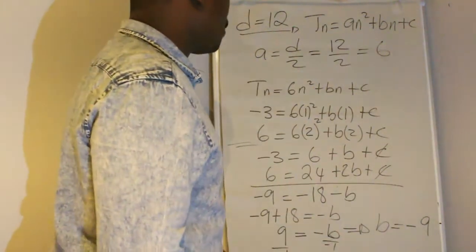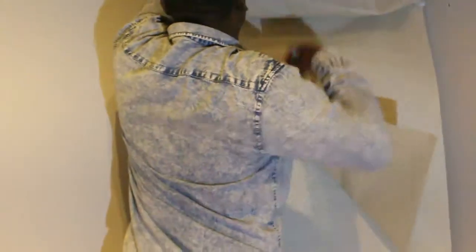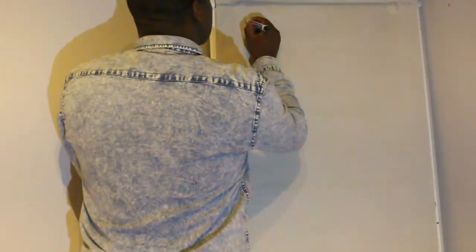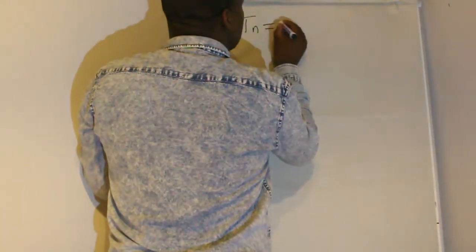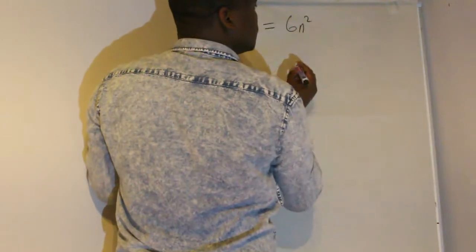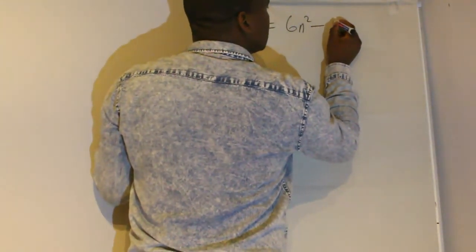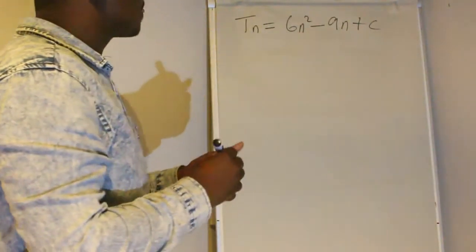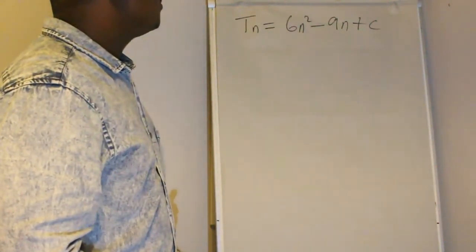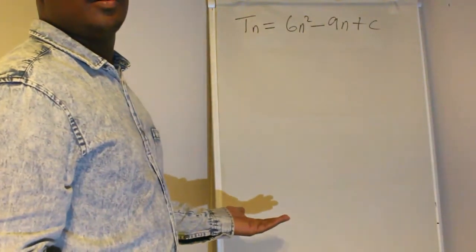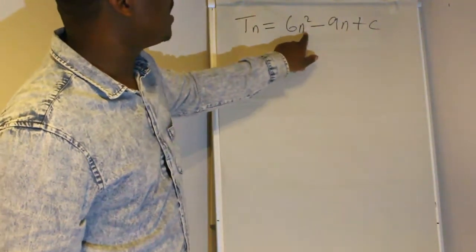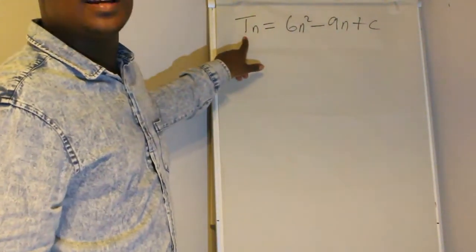So let's go and update our equation. Tn is equal to 6n squared minus 9n plus c. In this case, we can use any term, for example term 1, because when you put 1 there, we get -3.